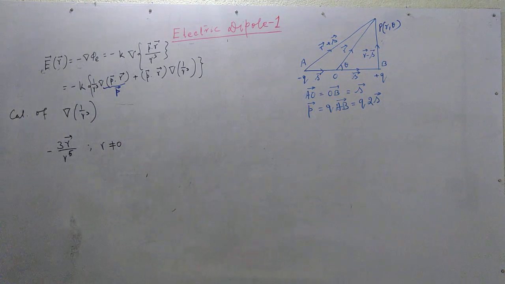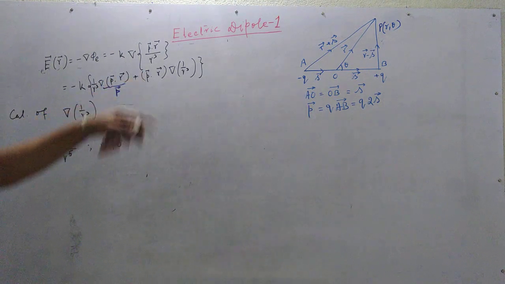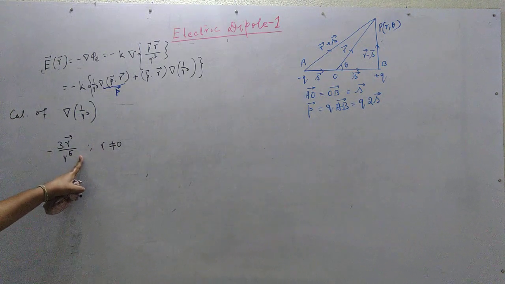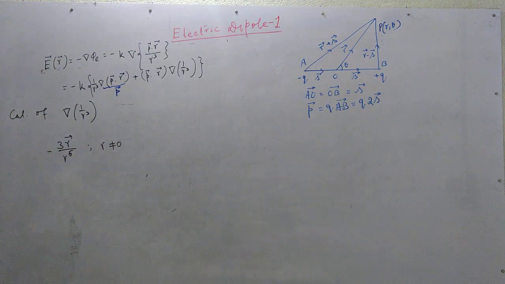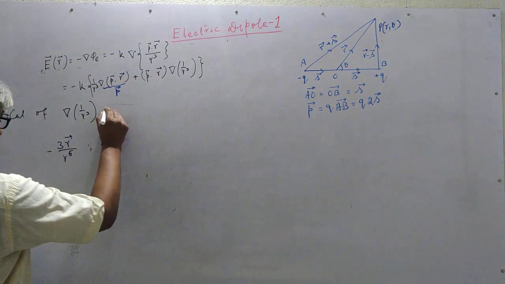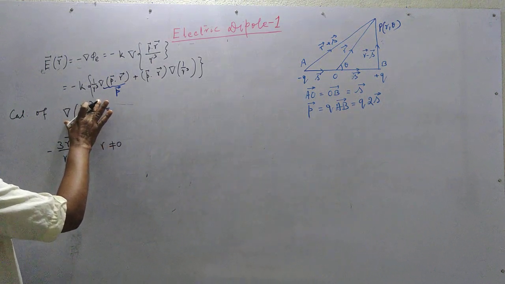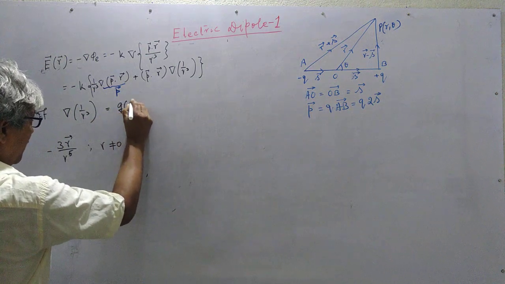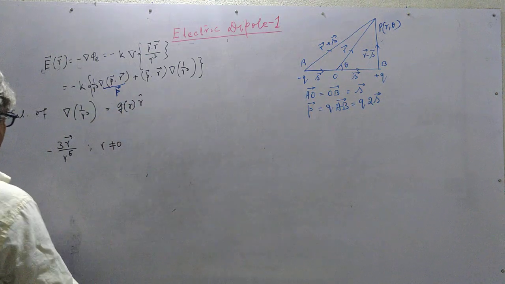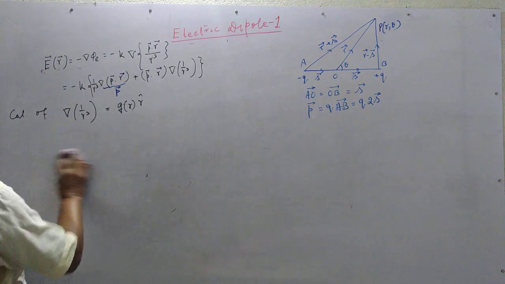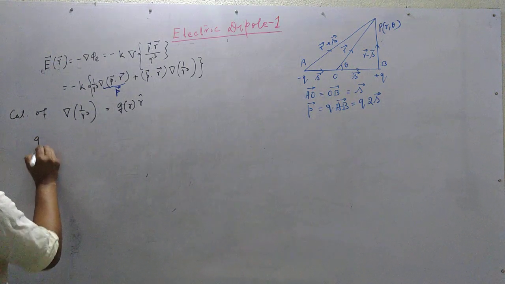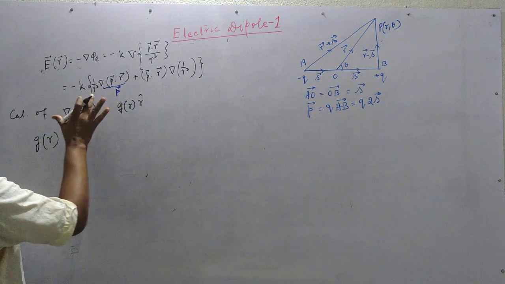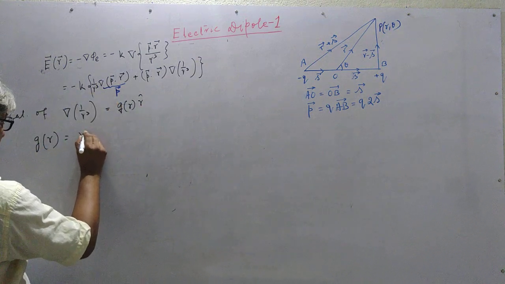At r equal to 0, this term has a singularity, or this is not the value at r equal to 0. So altogether it will be a vector along r cap. So we write it as g of r times r cap. That is to say, g of r is obtained by dotting this with r cap.